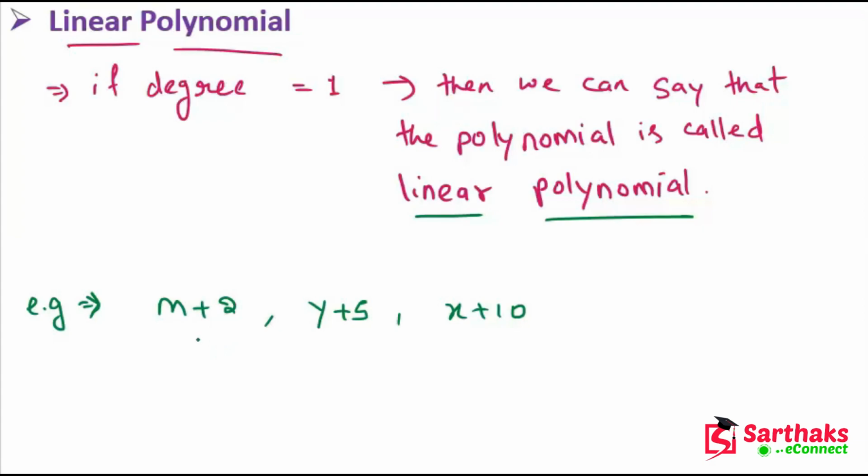If you observe, there is just one variable. In the first, m is the variable; in the second, y is the variable with maximum power 1; and in the third, x is the variable with power 1. So we can say that these are linear polynomials. I hope you understand these things.